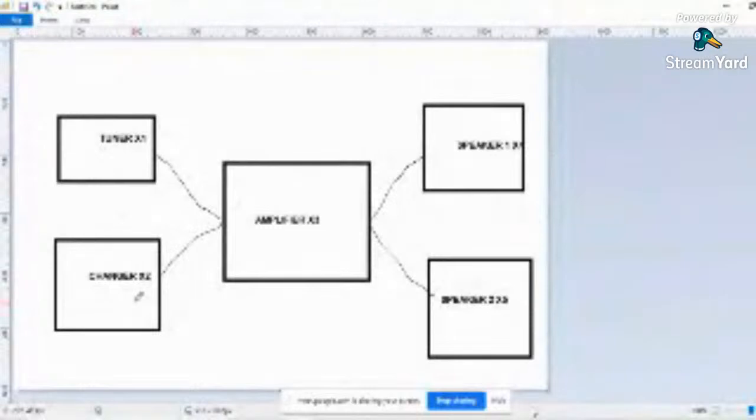X1 tuner, X2 changer, amplifier X3, speaker 1, speaker 2. That is actually the figure given here.